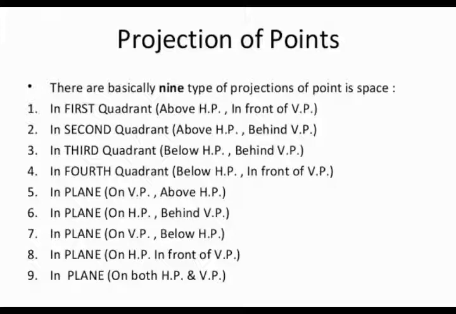If some distance is given, you can measure with that distance, or else you want to draw the point on the XY line. If it is on HP, you want to draw the front view on HP. If it is on VP, you want to draw the top view on VP, right?